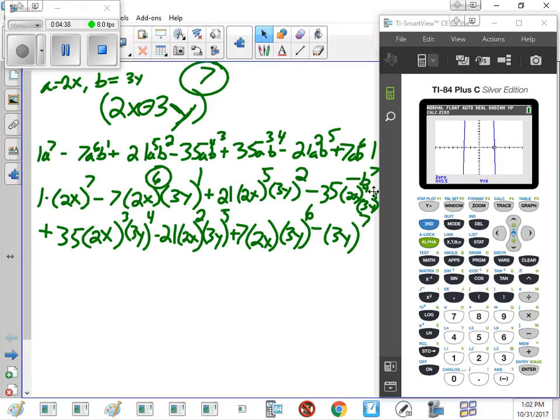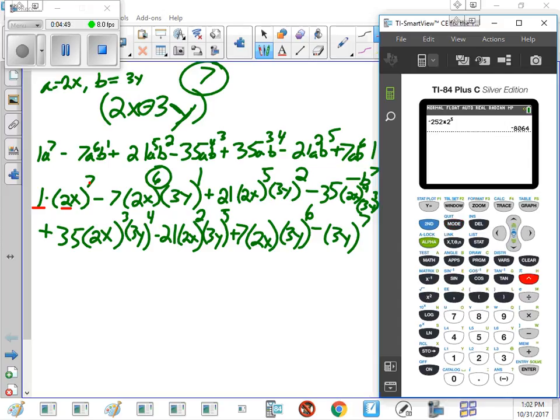I multiply all the numbers together and then I just stick the variables behind it. So the first one, I have 1 times 2 to the 7th. In my calculator, 1 times 2 to the 7th is 128, what? X to the 7th. Does everybody understand that? Now for the next one, I'm going to do 7 times 2 to the 6th times 3 to the 1st.